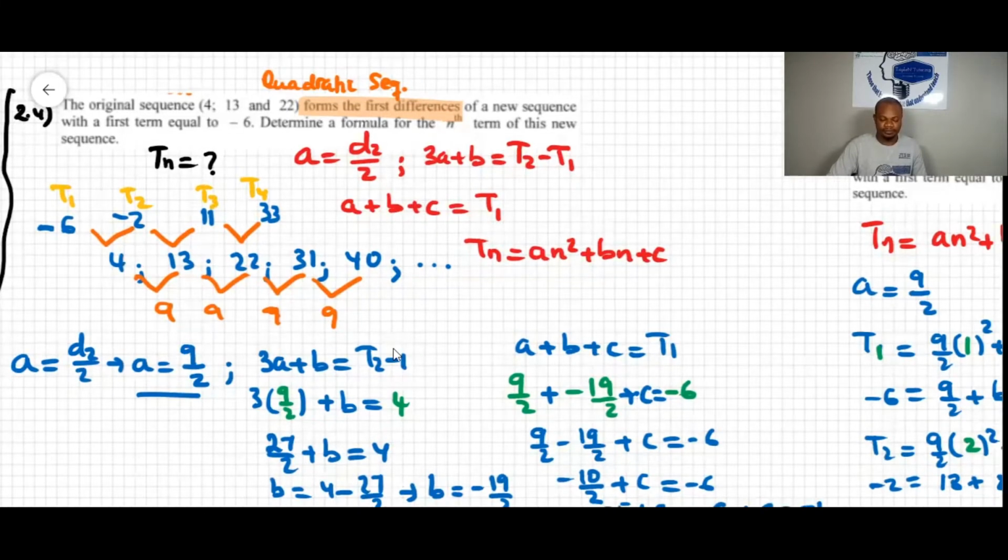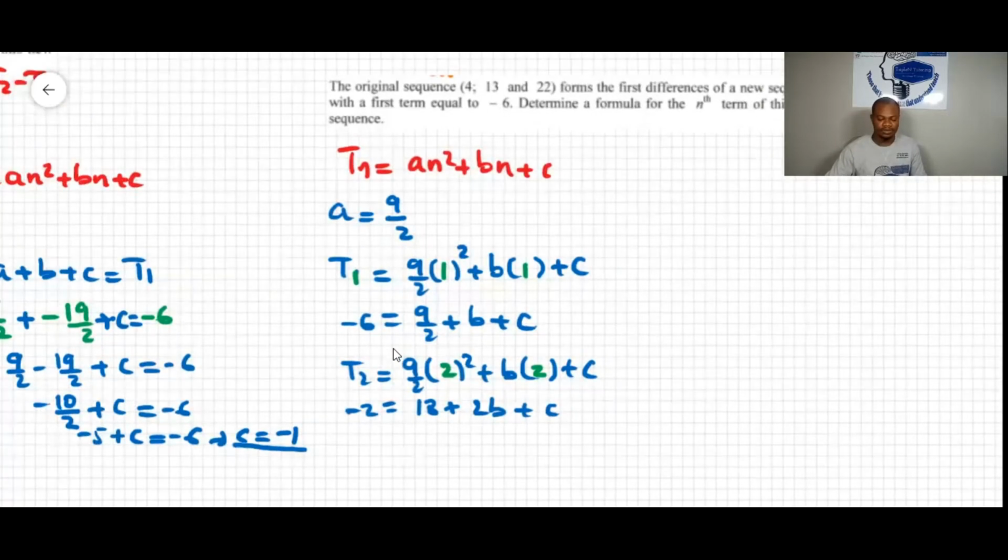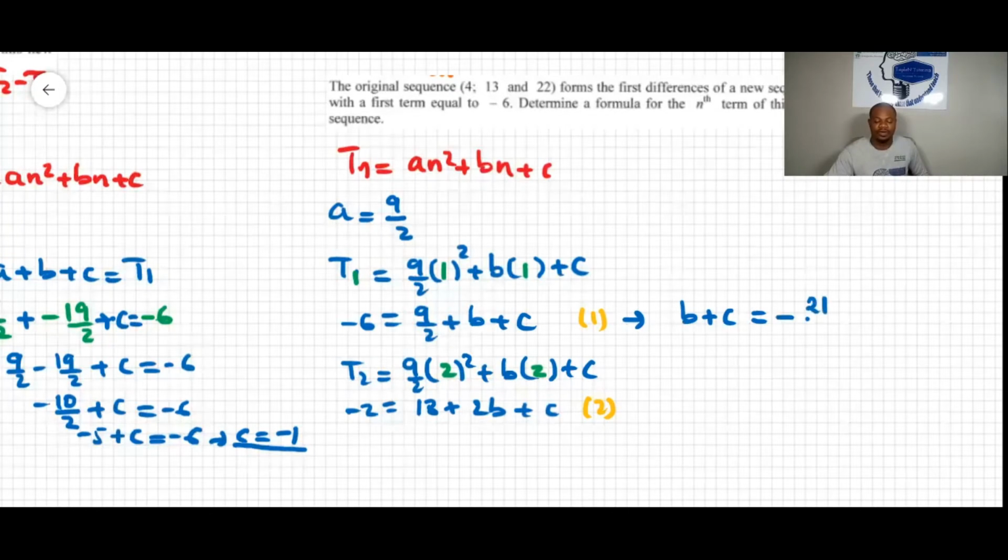Now we can simplify from this. Let's call this equation 1 and that equation 2. From equation 1, we can move 9/2 to the other side of the equal sign, so we have b plus c equal to -6 minus 9/2, which is equal to -21/2.